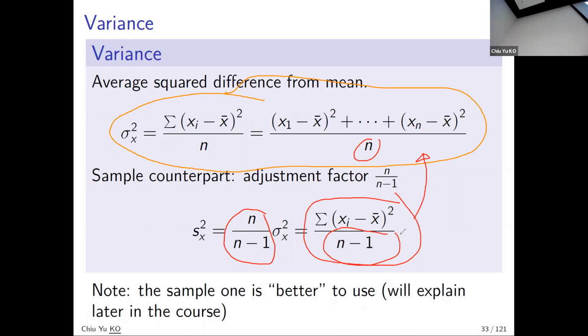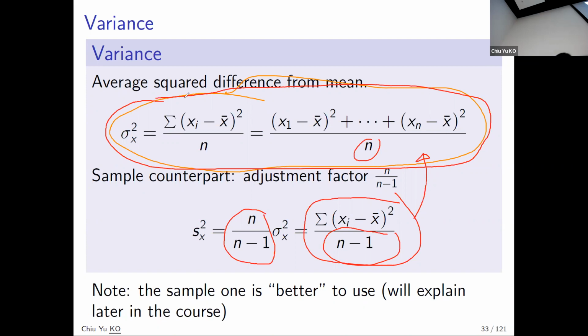That will give us a better result. And the reason why this is better, we try to justify when we go to topic 5. We'll talk about estimation. That will explain why we have this formula. But in your mind, this formula is to calculate this guy.